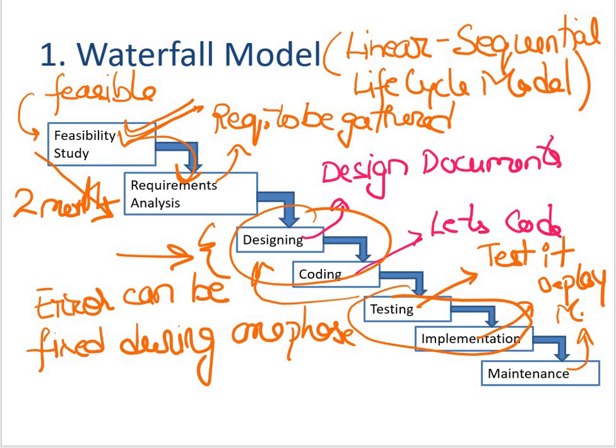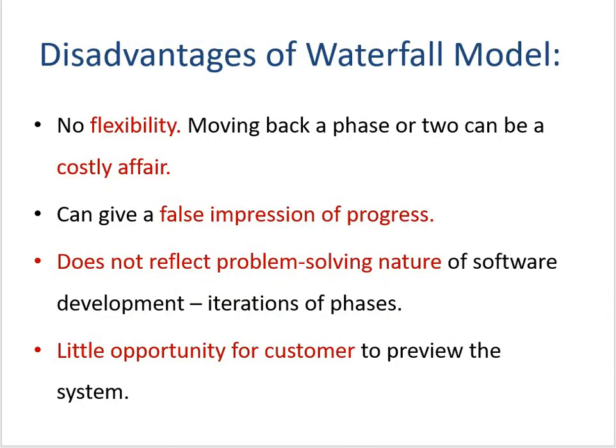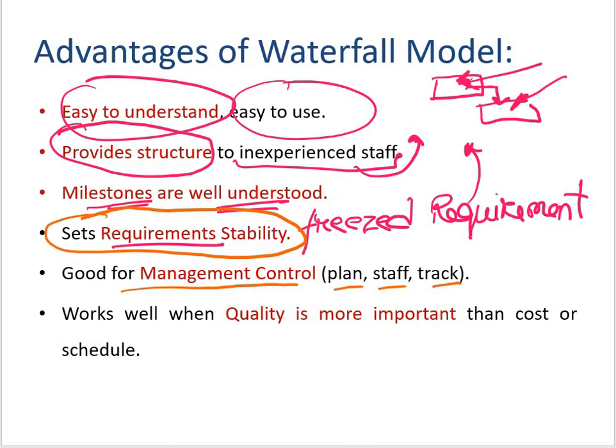Only then will my design team come into the picture. That's the time when I'll take a call to bring in my design team and go ahead with these discussions. So it is easier to manage for planning, staffing and tracking.